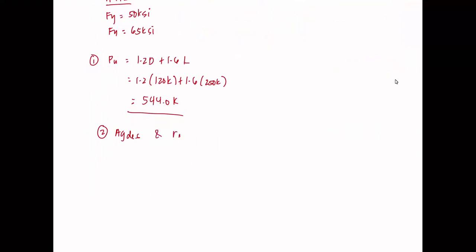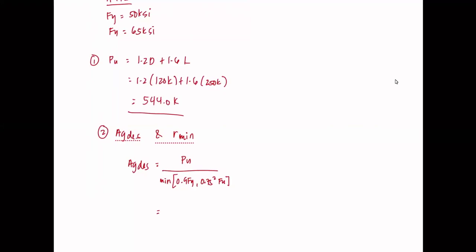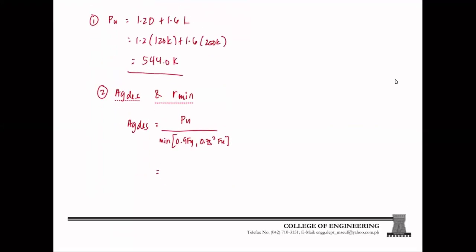Second, let's calculate our criteria for selecting the section: Ag design and r minimum. Ag design is Pu over the smaller of 0.9 Fy and 0.75 Fu. Substituting, we have 544.